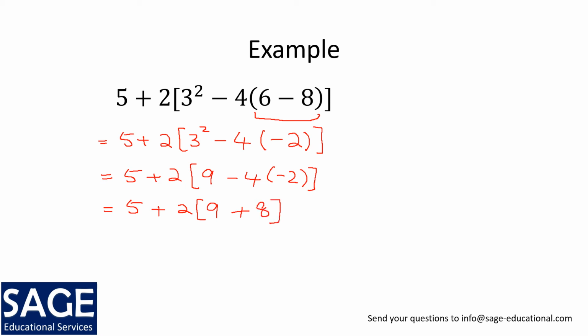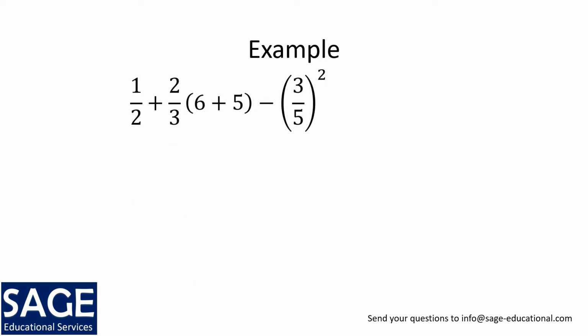The bracket is the grouping symbol, so first I need to take care of the grouping symbol. 9 plus 8 is 17. And now the 2 outside the bracket means there's a multiplication. So before I can do the addition, I will do the multiplication. So 5 plus 34, and now there's only one operation left. So I can go ahead and add 5 and 34, giving me 39.